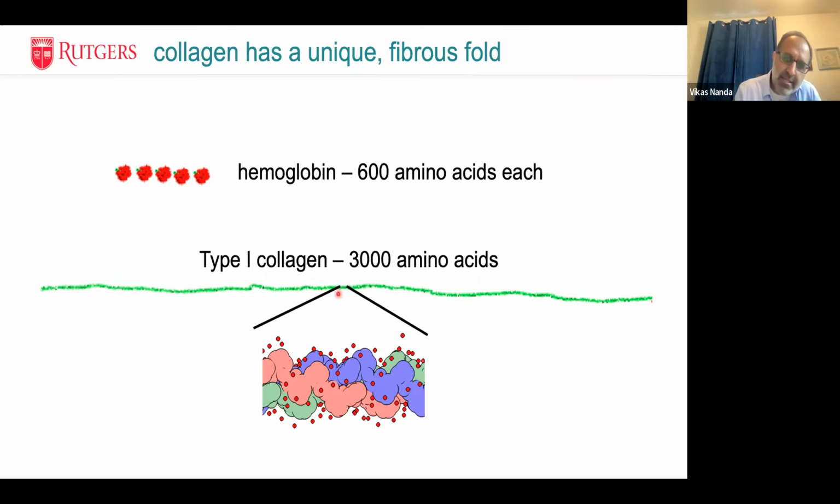And if you zoom in on this protein fiber, you'll see that there's actually 3 polypeptide chains coming together. So this is not actually one protein. This is 3 proteins that are each about 1,000 amino acids long, and they're making this helical structure where the 3 chains wrap around each other. And these little red dots over here are water molecules that are essentially sticking to the surface of this helical collagen structure.